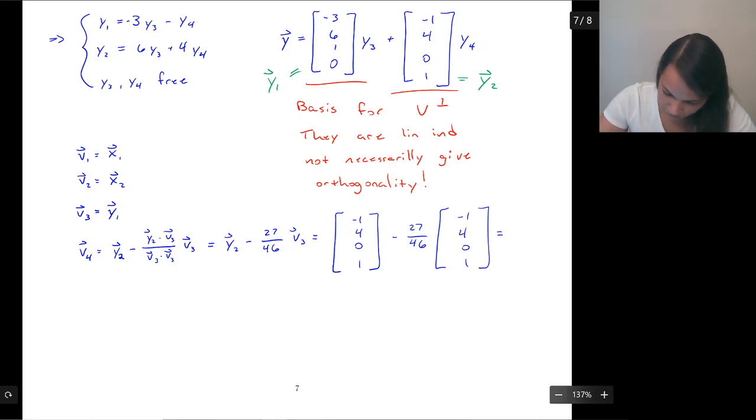And this is where you go get a calculator, because this isn't really worth trying to do in your head. -1 minus 27 over 46 times -1 ends up being 35 over 46. 22 over 46. -27 over 46. And 1.